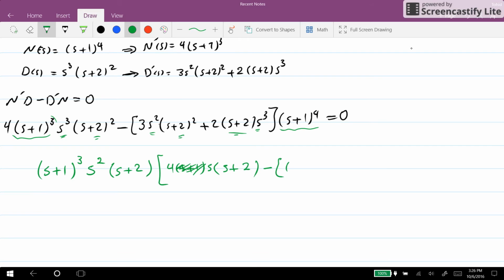We will have 3 times (s plus 2) remaining, plus 2, since s plus 2 is out already and s squared is out, so the plus 2s will remain here inside, times (s plus 1) equal to 0.